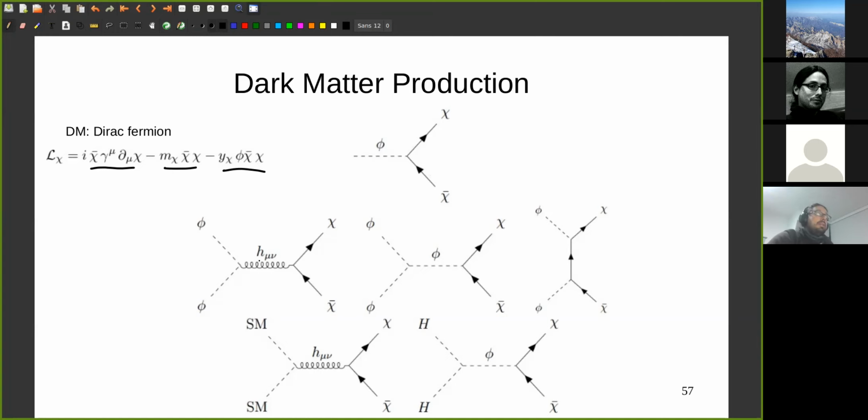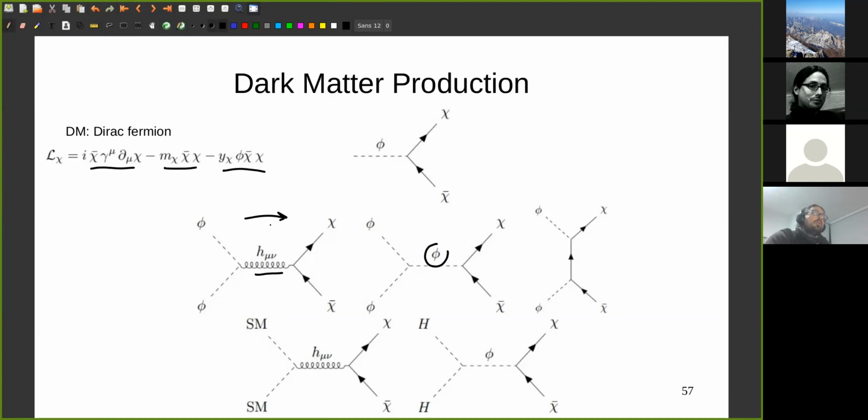One possibility is that this 2-to-2 scattering of inflaton into dark matter is mediated by the graviton, the massless spin 2 that couples like 1 over the Planck mass. But you can also have the scattering mediated by the exchange of an inflaton, or a t-channel mediated by dark matter itself.